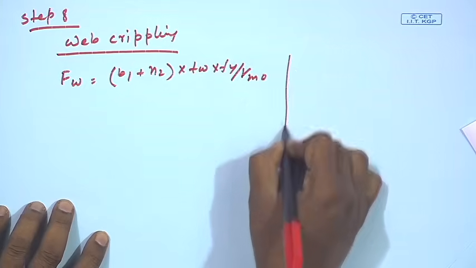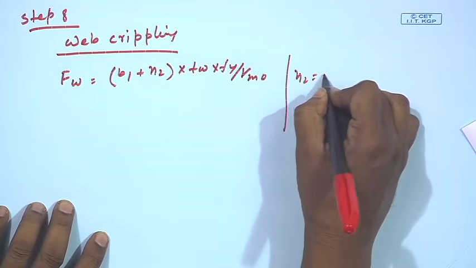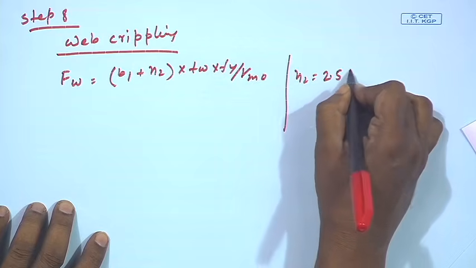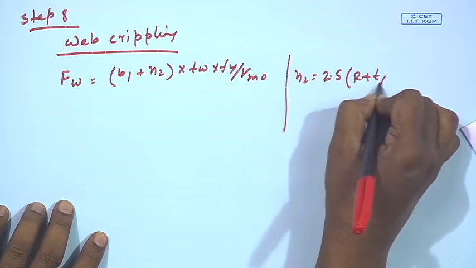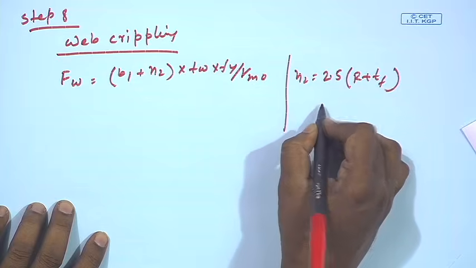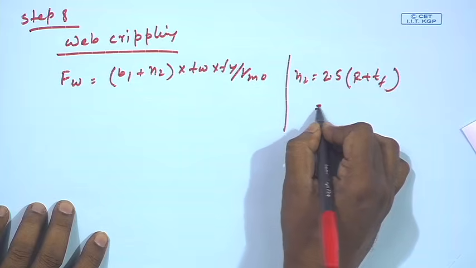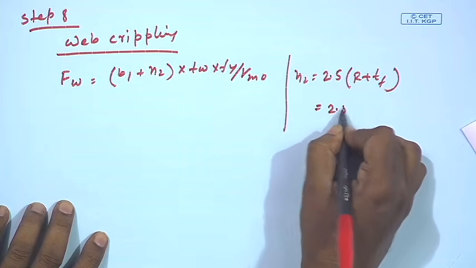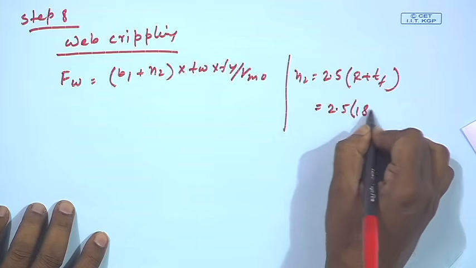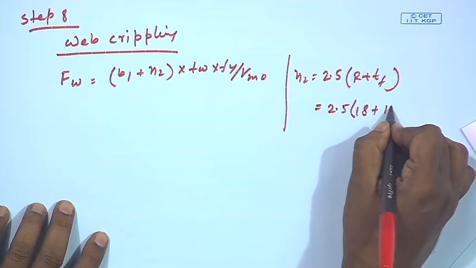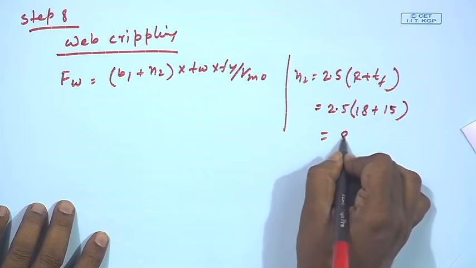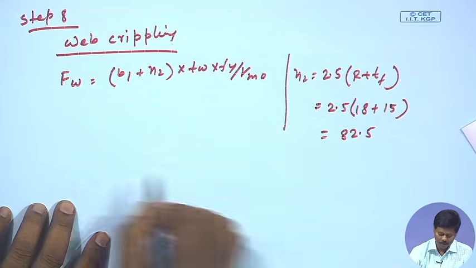Here N2 will be 2.5 into R plus Tf, because it will disperse with a 2.5 to 1 slope. So, 2.5 into R was 18, thickness of flange was 15. So, this is becoming 82.5.